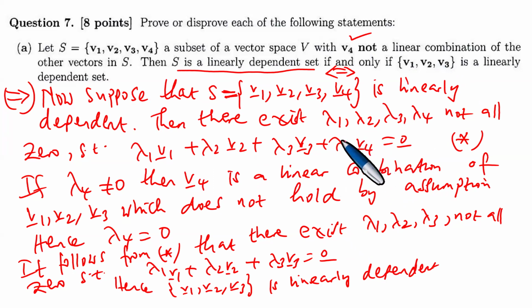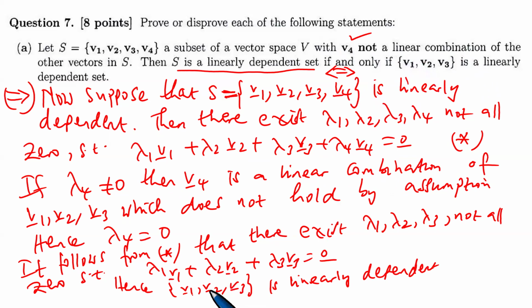One case is that the scalar lambda 4 can be 0, but let's look at the case where lambda 4 is not 0. If lambda 4 is not 0, then we can make V4 the subject of the equation, and solving for V4 would mean that V4 is a linear combination, but this is saying V4 is not a linear combination.